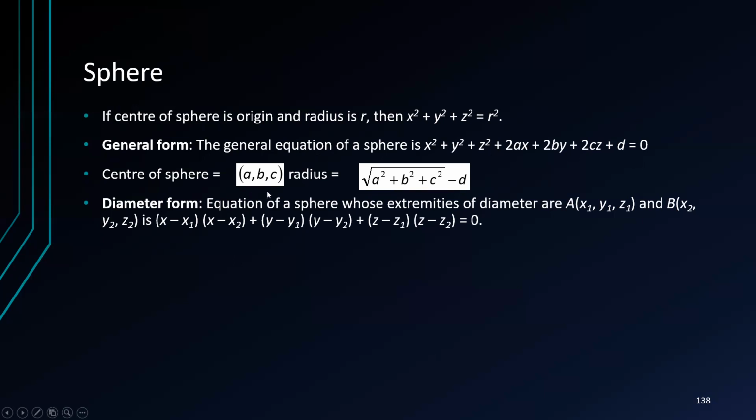So the center of the sphere is negative A, negative B, negative C and radius is square root of A squared plus B squared plus C squared minus D. In diameter form, meron tayong equation of the sphere whose extremities of diameter are A as X1, Y1, Z1, and B is X2, Y2, Z2. Dalawang points along the circumference: X minus X1 times X minus X2 plus Y minus Y1 times Y minus Y2 plus Z minus Z1 times Z minus Z2.